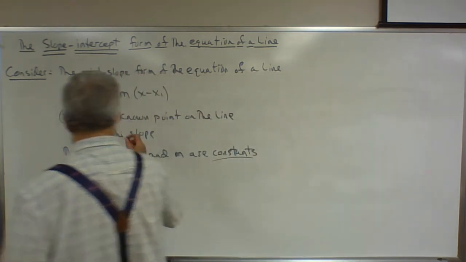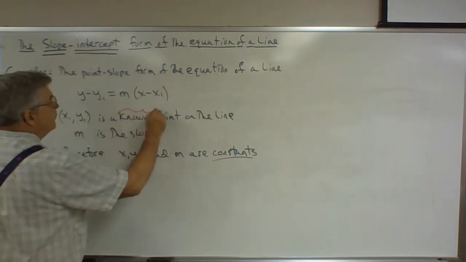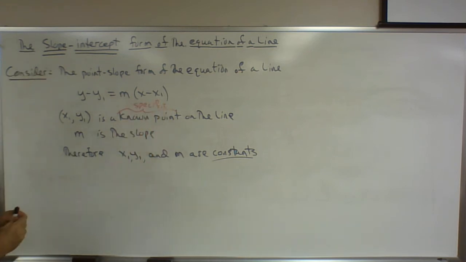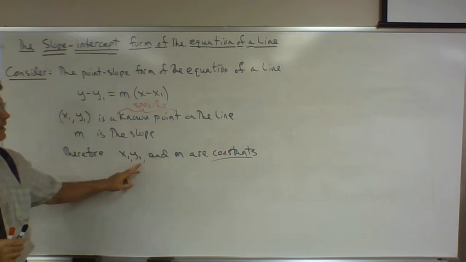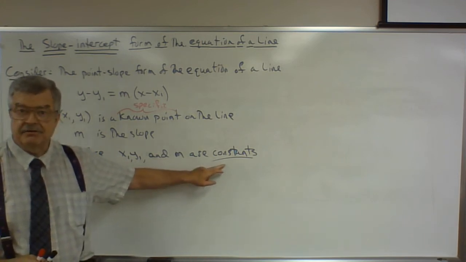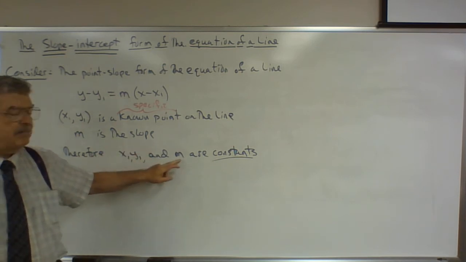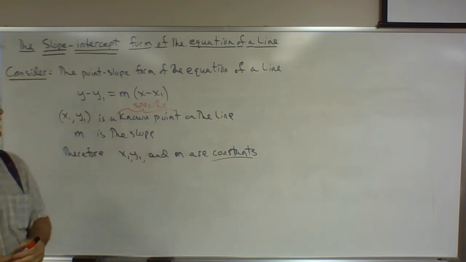And when I say known point, it's a specific point on the line. So x1 and y1 are constants. m is the slope. That means that m is also a constant.